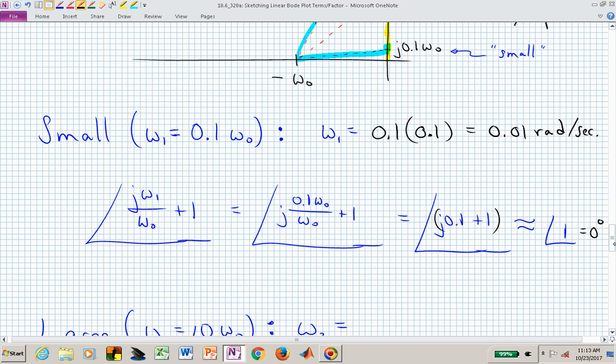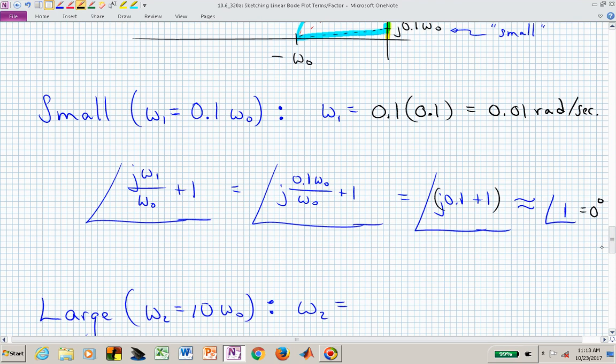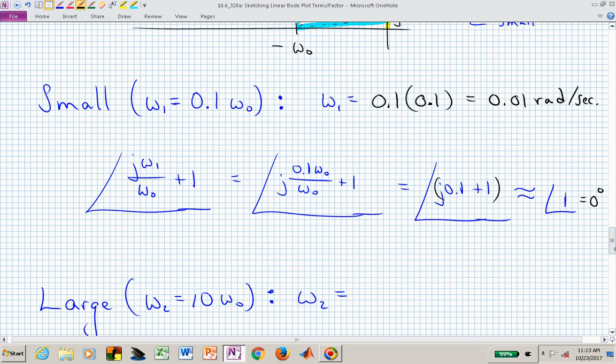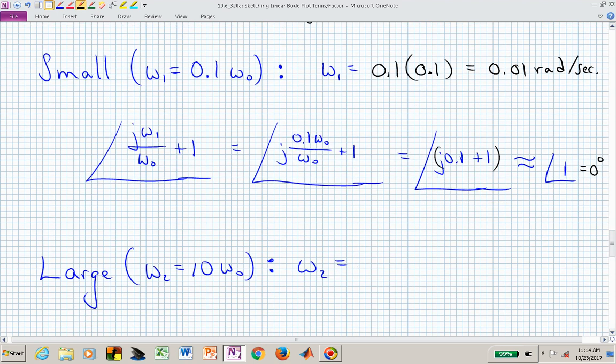So now we're at 0 degrees for small frequencies. For large frequencies, in this case omega sub 2 is 10 times our break frequency of 0.1. Now we are, in this particular example, looking at 1 radian per second.